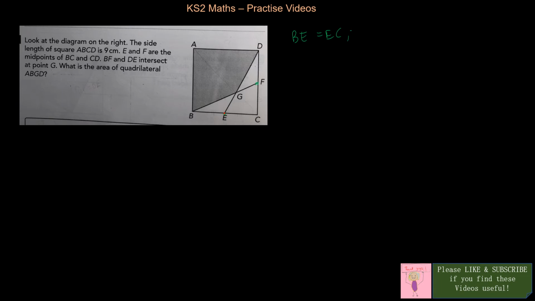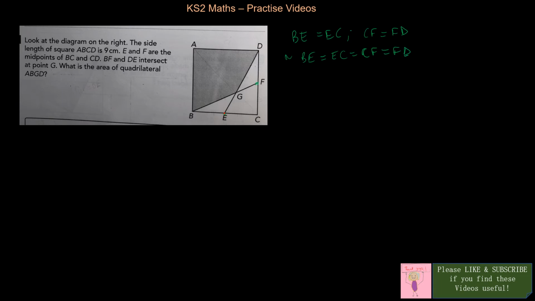And because it's a square, CF equals FD, or BE equals EC equals CF equals FD.